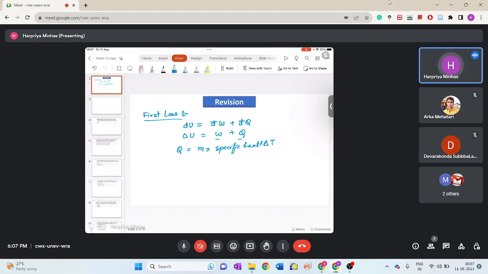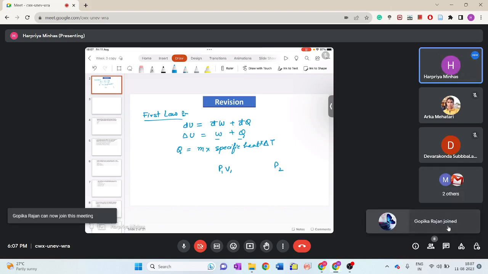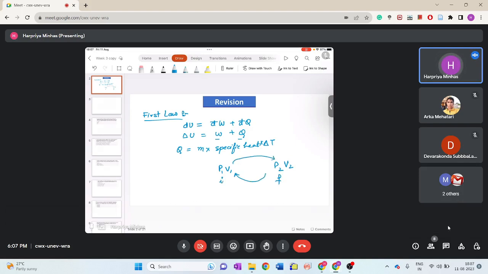From here, this first law and the concept of internal energy state that if the system is subjected to any cyclic transformation, like from P1 V1 to P2 V2, then it goes from its initial state to the final state following a cyclic process, which we call an expansion or a compression.